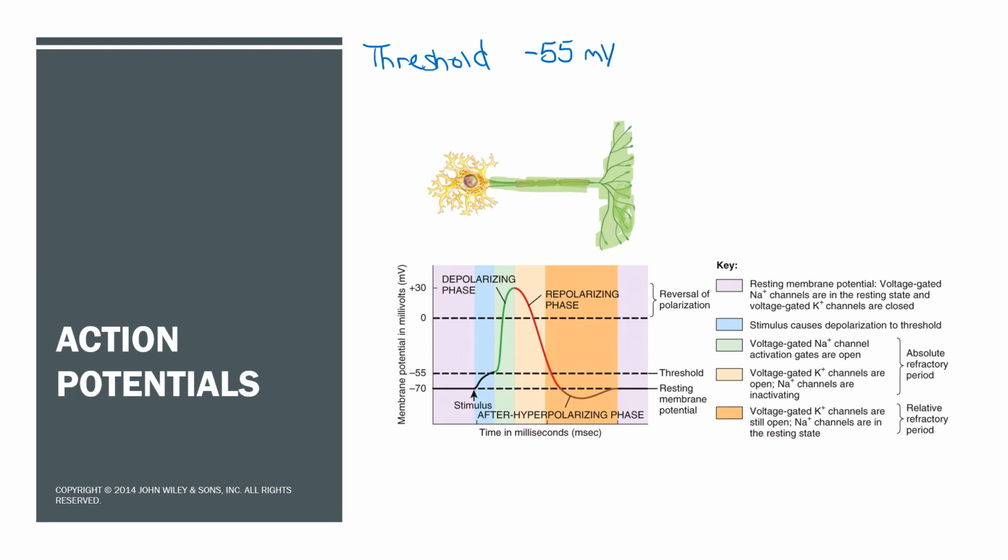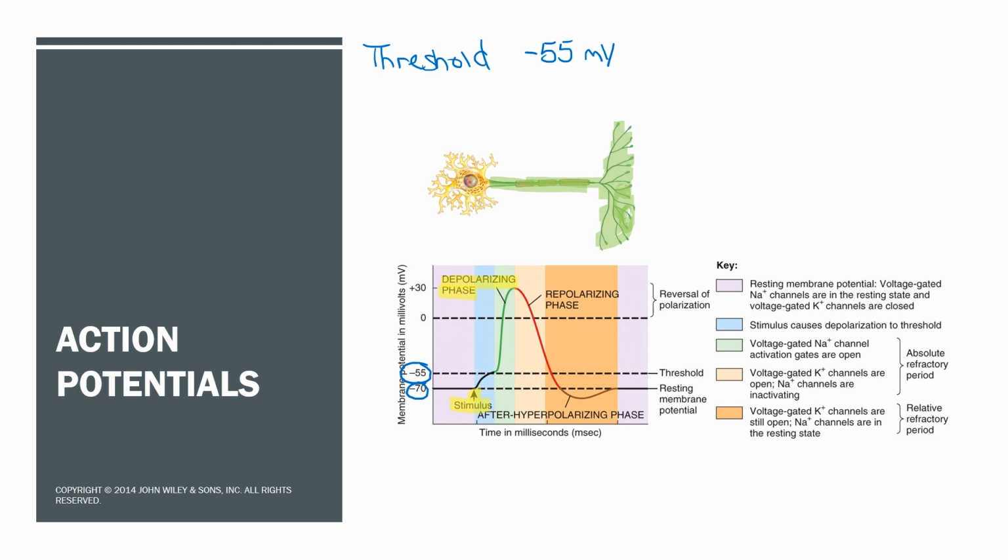Here you can see the stimulus that brings the membrane potential from negative 70 millivolts up to negative 55 millivolts, which causes an action potential and initiates the depolarizing phase.